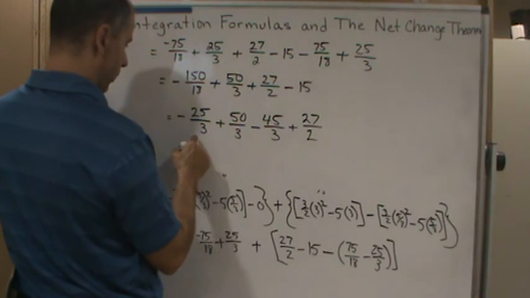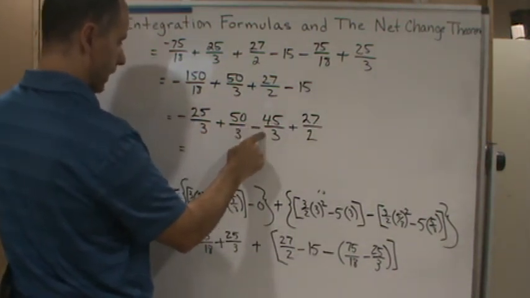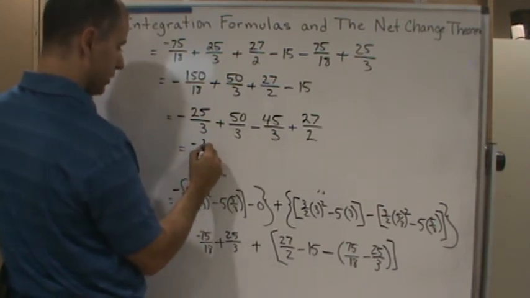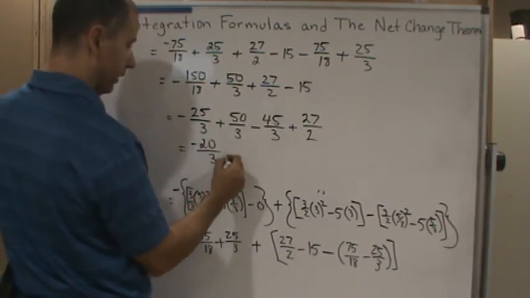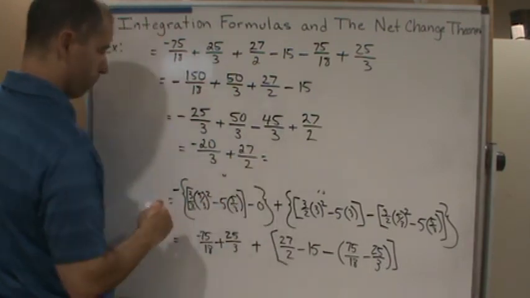Okay, so what do we got? We got minus 25 and minus 45 is going to be 70. So minus 70, which is going to give me a minus 20 over 3 plus 27 over 2, right?